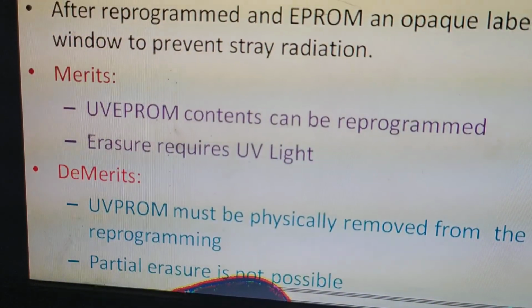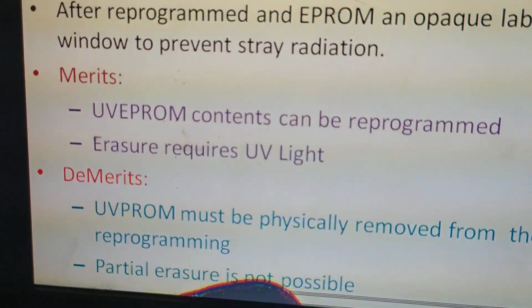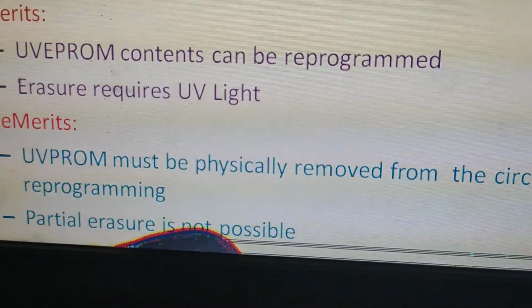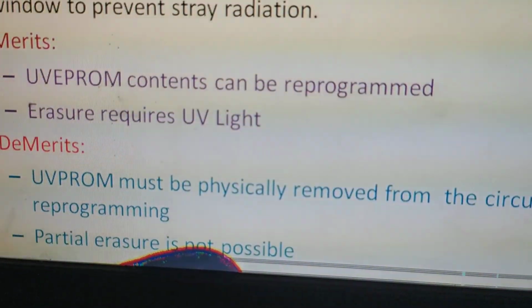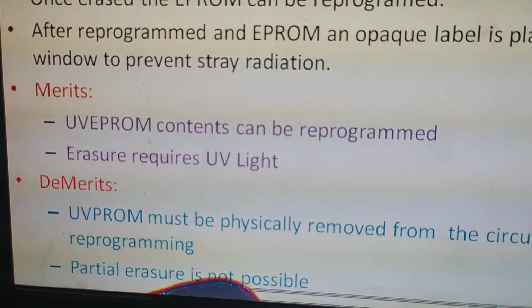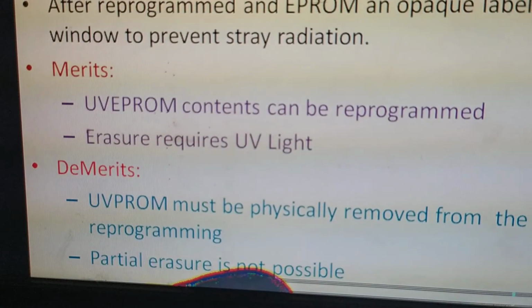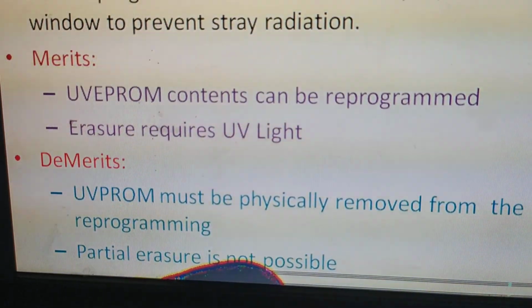Our disadvantages: every time you use that UV-EPROM, it should be removed from the circuit, from the motherboard. We should cut it out, remove it forcibly, reprogram it, then again we have to solder that into the motherboard. That is a disadvantage.